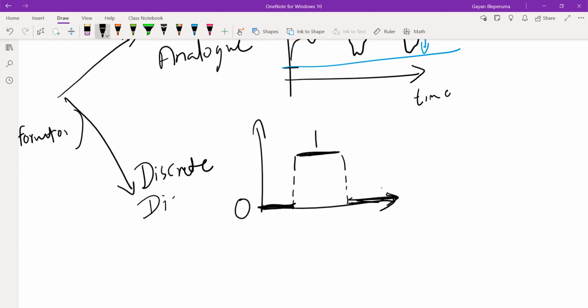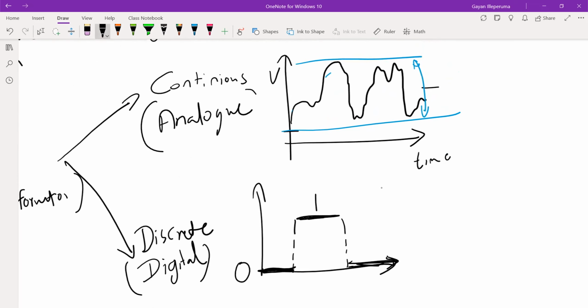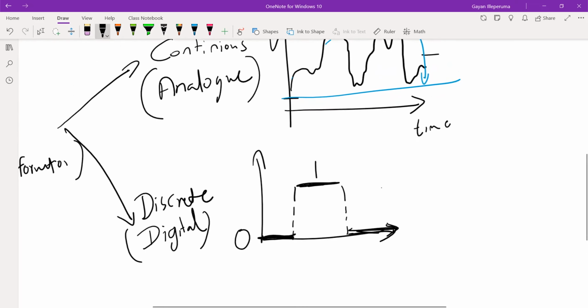This is known as digital information. A circuit that works with digital information is known as a digital circuit. A circuit that uses this kind of continuous signal is known as an analog circuit. And there is a way to convert analog into digital and digital into analog.